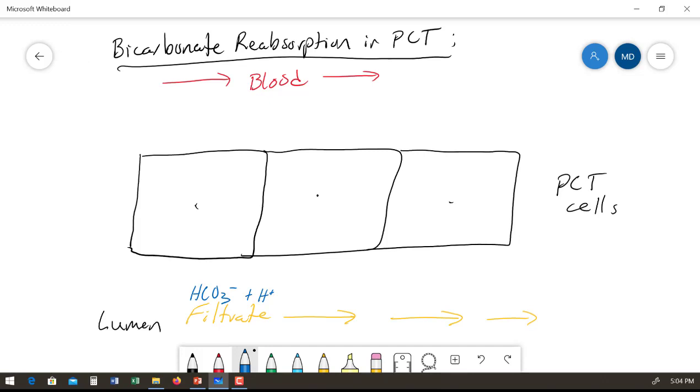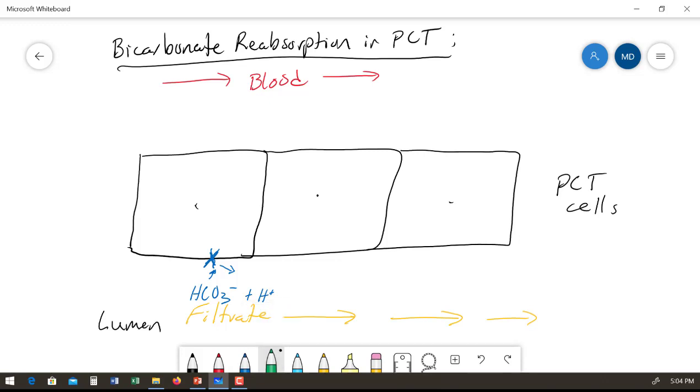One thing that I want to say though is that this bicarbonate cannot get through the walls of the proximal convoluted tubule. So if it tries to go through here, it won't be able to, and it'll get bounced back out. So the apical side of the proximal convoluted tubule cells is impermeable to bicarbonate. That's a problem for us.